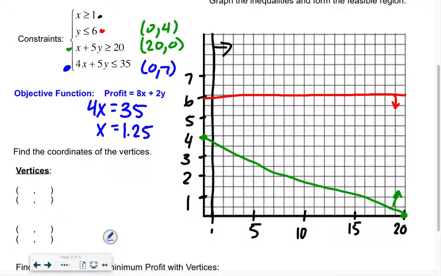Nope, I lied. It's 8.75. My bad. So we have 8.75, 0. So go ahead, plot 0, 7, and then 8.75, 0. And draw a straight line.